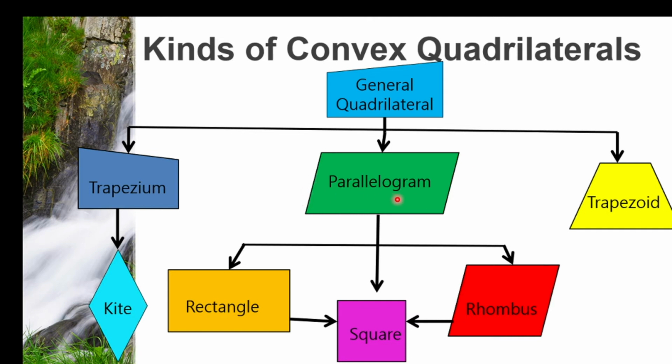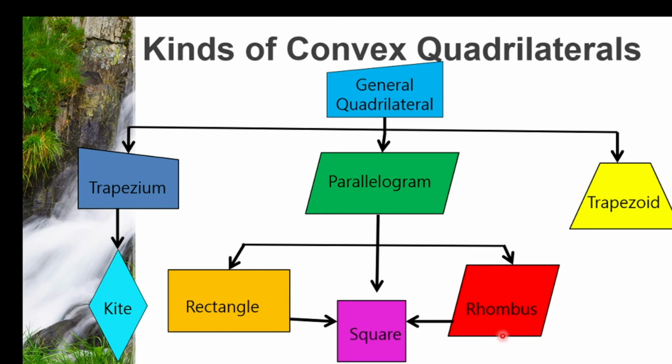Under parallelogram, we have special parallelograms: rectangle, square, and rhombus. Rectangle, square, and rhombus have 2 pairs of opposite sides which are parallel and congruent. What makes a rectangle distinct from a parallelogram is that a rectangle has 4 right angles.